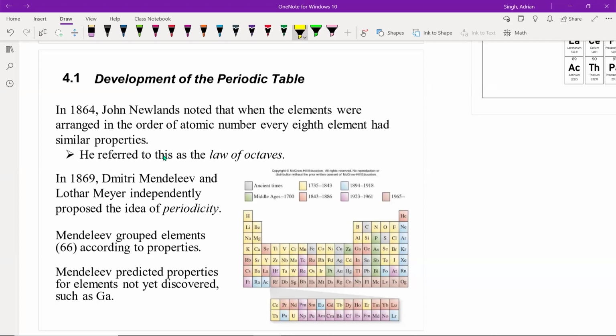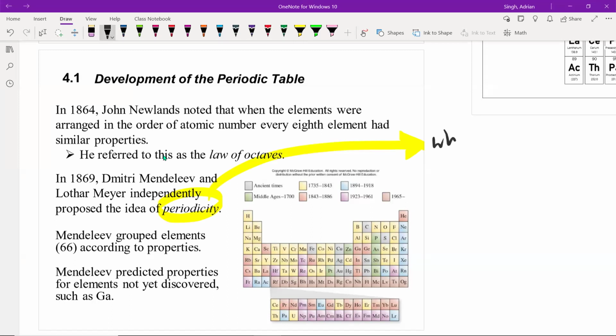Around that same time, Dmitry Mendeleev and Lothar Meyer, both independently, also proposed the idea of periodicity. Essentially, that means that when the elements are arranged in a particular way, they have properties that recur or occur periodically.